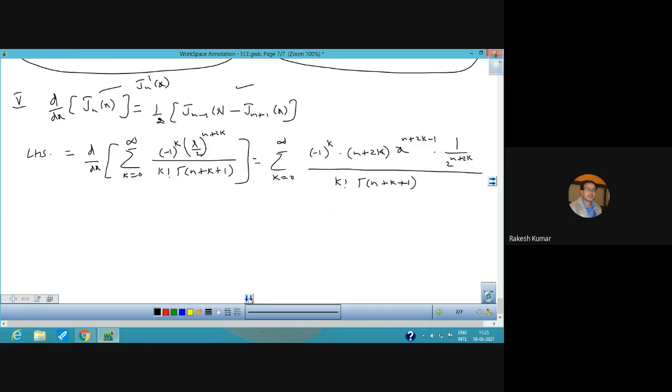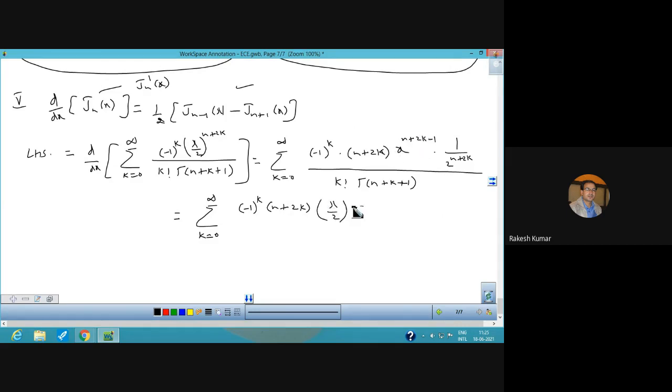Now we can also make an adjustment over here. Summation k from 0 to infinity, (-1)^k, and this (n+2k) is written over here, and here you can make the adjustment.